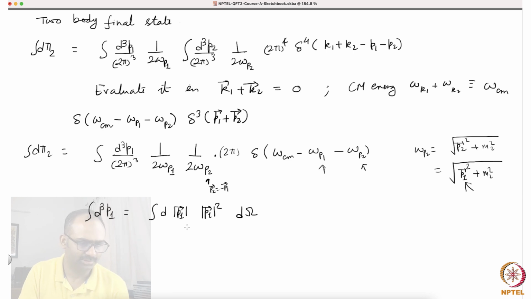So this is what you have. This is the volume element coming from the solid angle, and this is the radial part. Now I will do these integrals, or probably not yet.